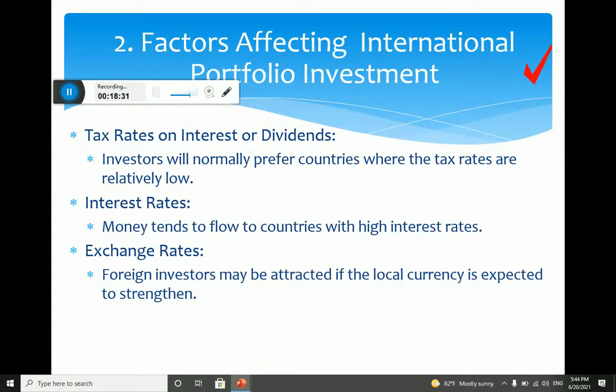Exchange rates also have an impact, as I discussed earlier. Foreign investors may be attracted if the local currency is expected to strengthen. If a local currency is strengthened, foreign investors may be attracted, because a strong currency shows relative economic stability in a country.